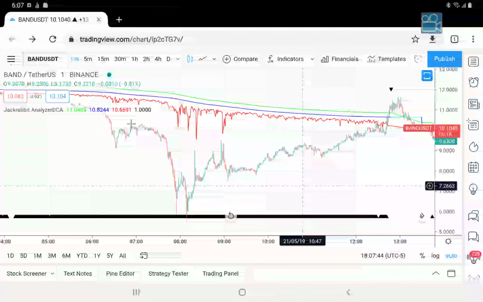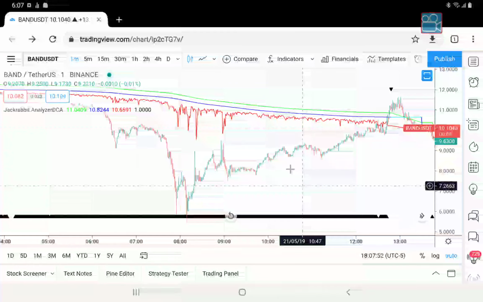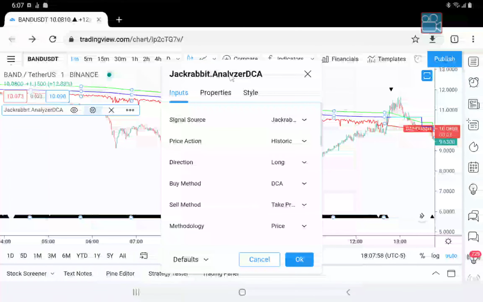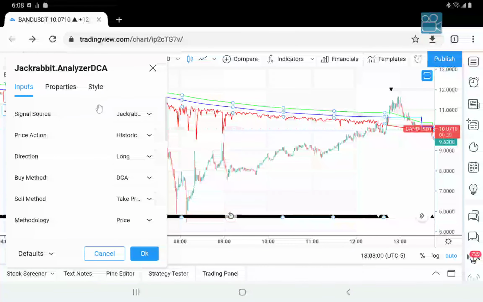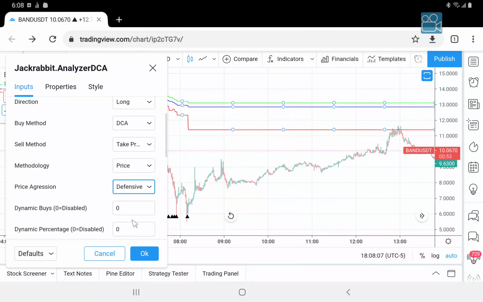It pulls the average down, but even if the price climbs up, it still continues to pull the average down. The defensive system does not do this. A defensive action only allows price to drop, not climb. So as you can see, all of this disappeared.